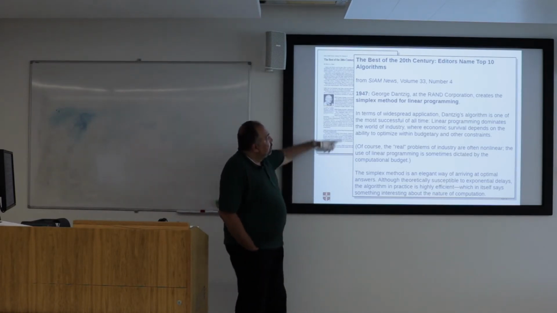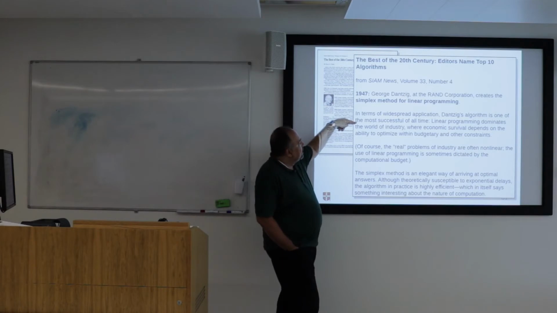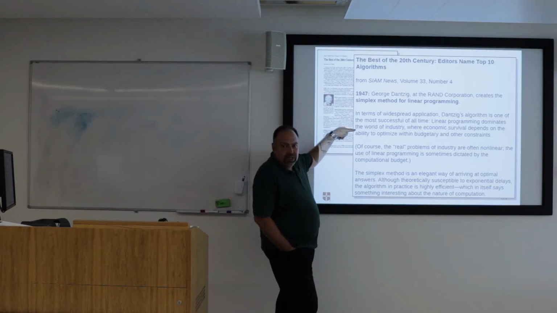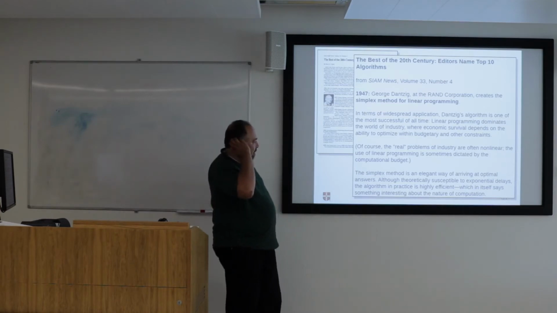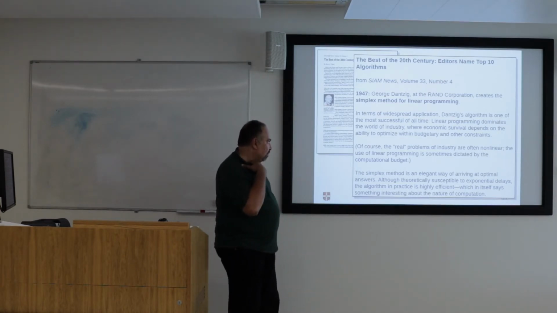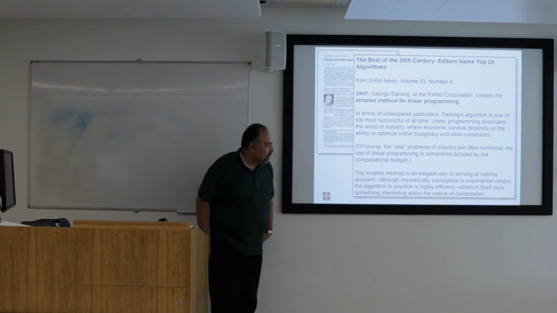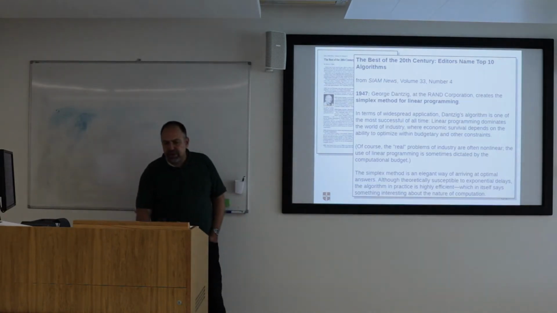It is interesting to read what it says. It says here that it's one of the most successful of all time because linear programming dominates the world of industry, where economic survival depends on the ability to optimize within budgetary and other constraints. So that's the motivation behind it and why it's very important.